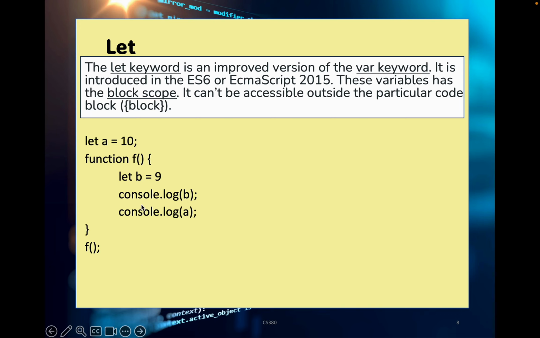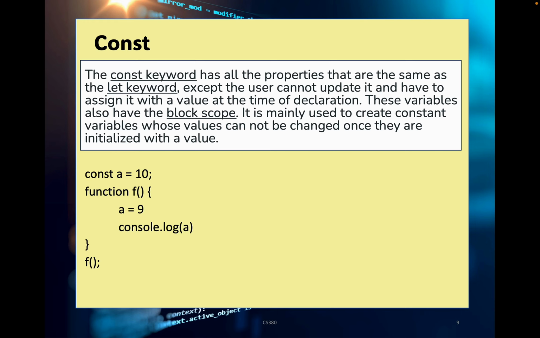Now what is a const keyword? It has all the properties which we saw in the let keyword, and it was defined in ECMAScript ES6, ECMAScript 2015. It has a block scope also, but the difference is that const means constant.